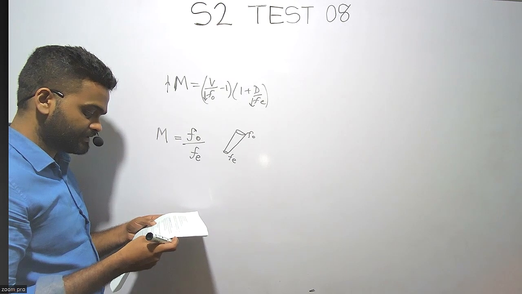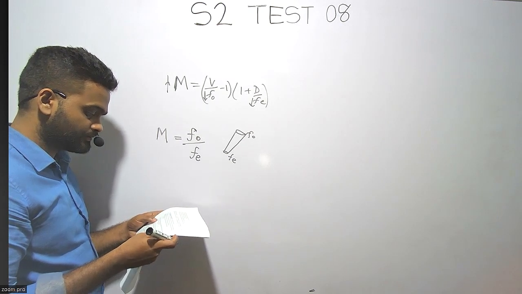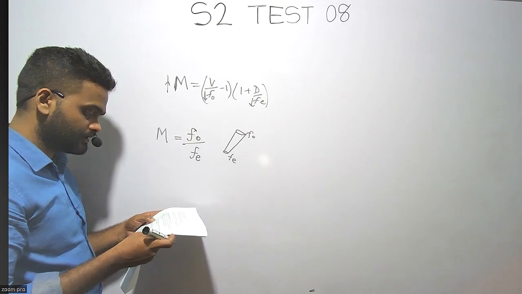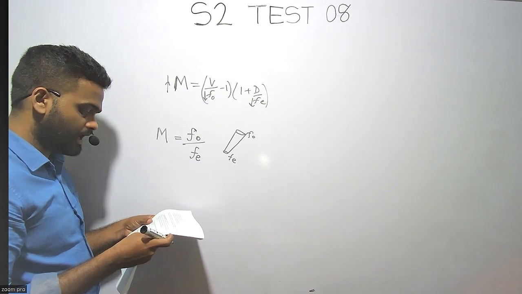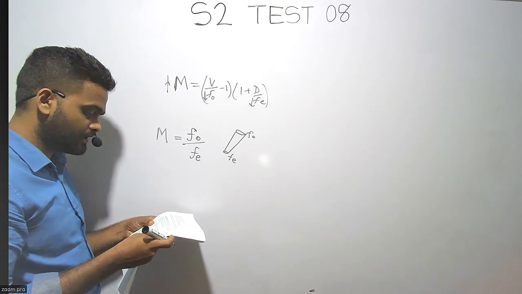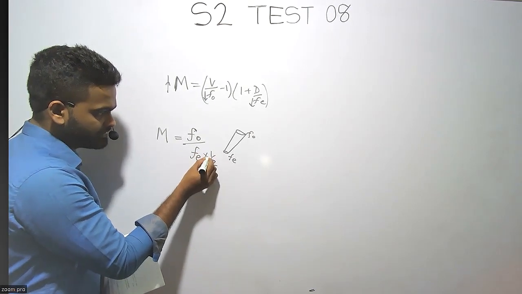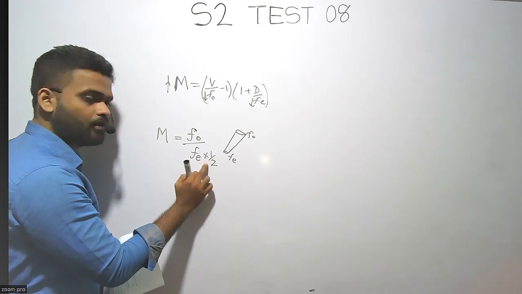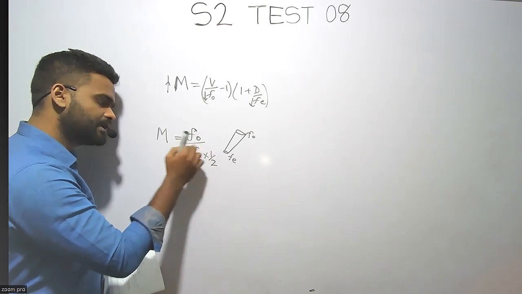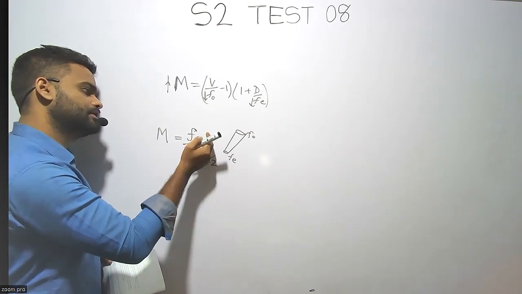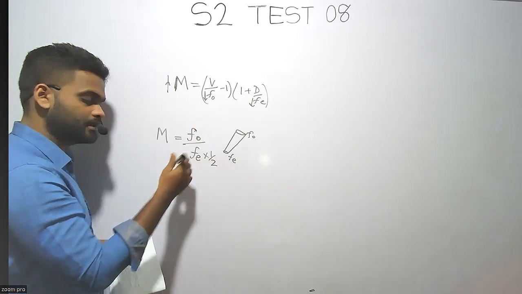So what they say is the eyepiece is replaced by half. So you have to multiply this by a factor of half. So something at the denominator is halved. So this half goes to the numerator, it becomes 2, right?